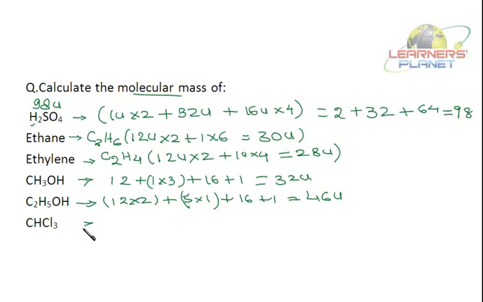Now let's find out the molecular mass of CHCl3. You know what is the name of CHCl3, or what is it called? It is chloroform. Carbon 12 plus 1 plus what is the atomic mass of chlorine? It is 35.5.